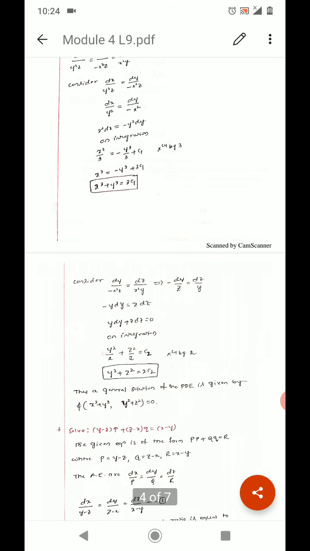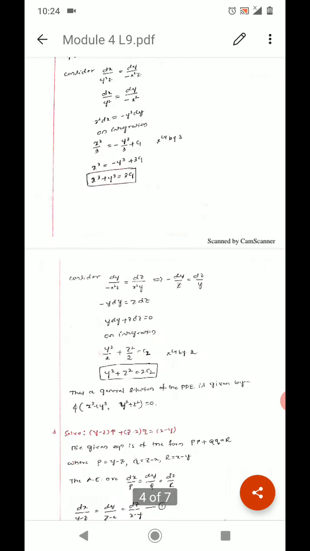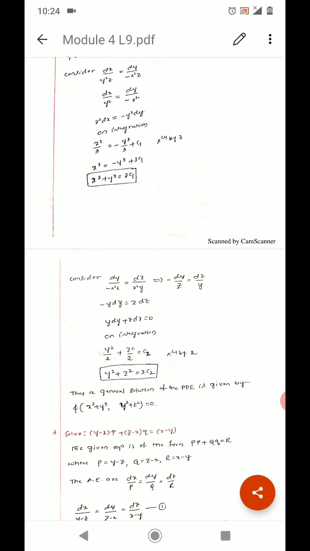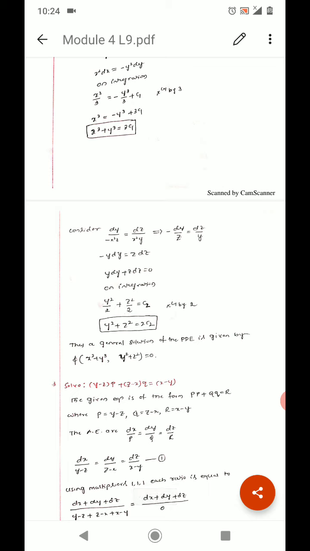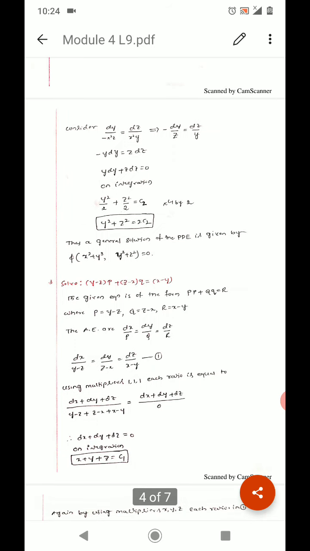So here the first solution, x cube plus y cube is equal to 3c1, is taken as small u, and the another solution y square plus z square is equal to 2c2, that is taken as small v. Therefore the general solution becomes pi of u comma v, that is pi of x cube plus y cube comma y square plus z square equal to 0.